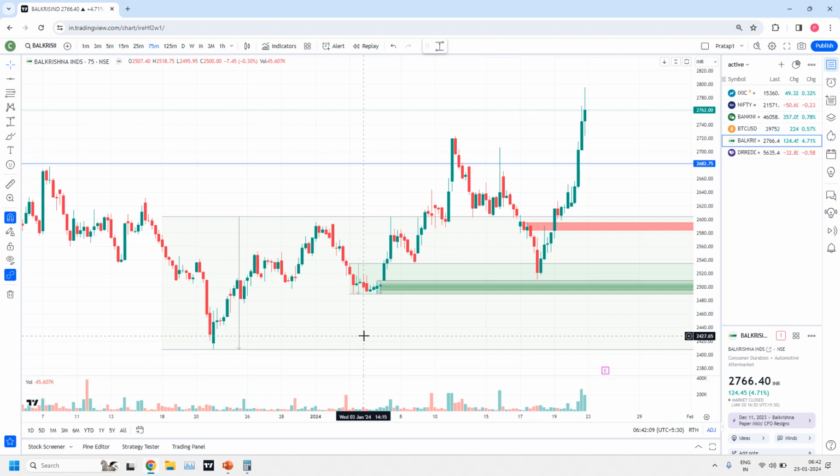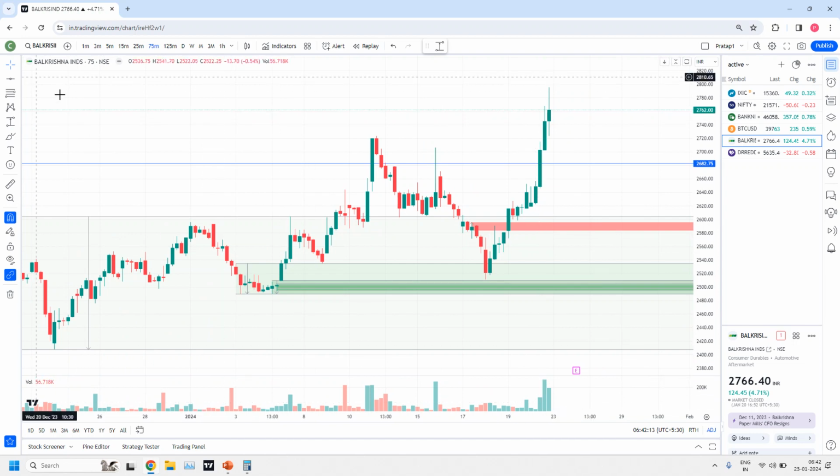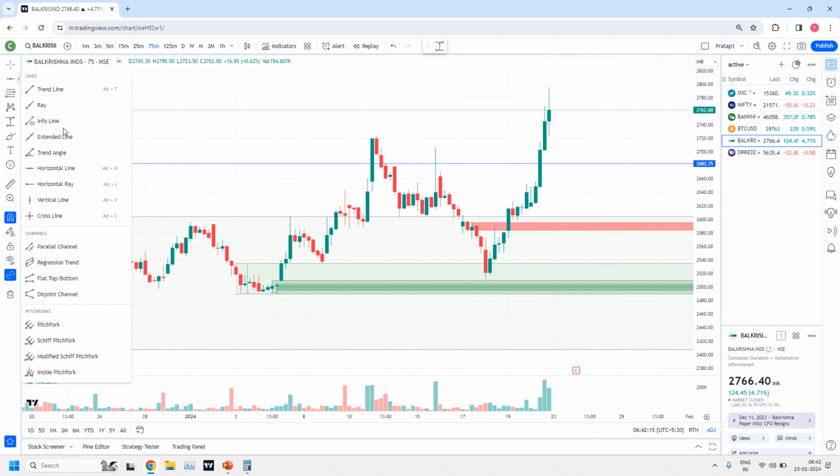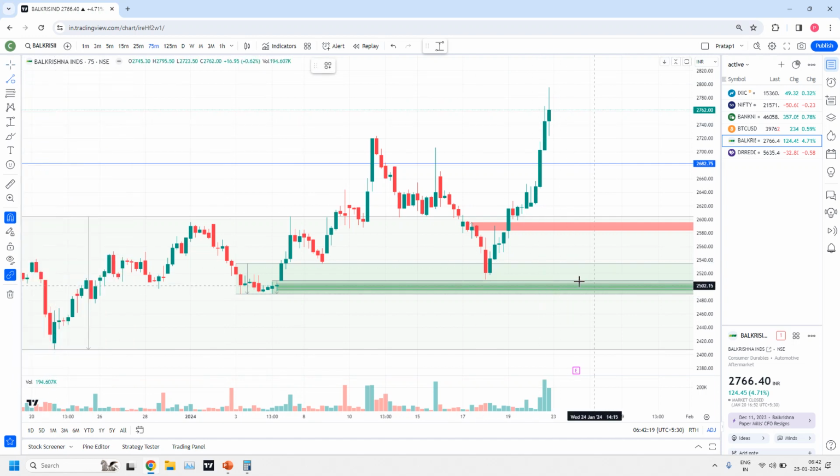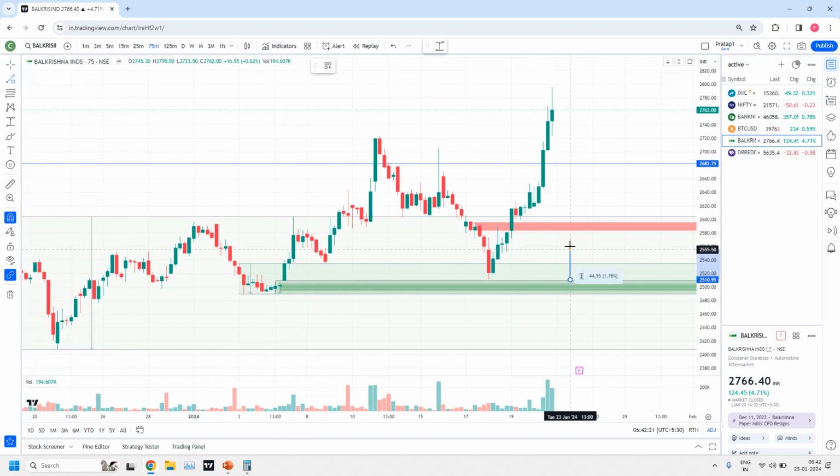And moreover, we have a very good reward from here to here. Let me draw the info line. This is the place we took the entry. Assume this is our first target. Actually, first target is not this one.